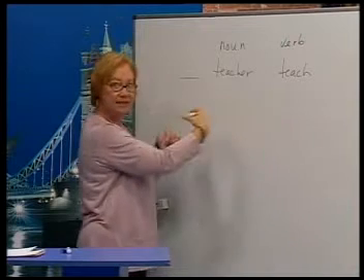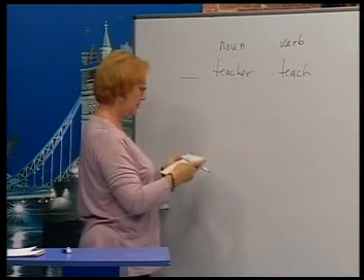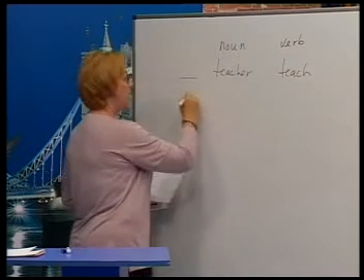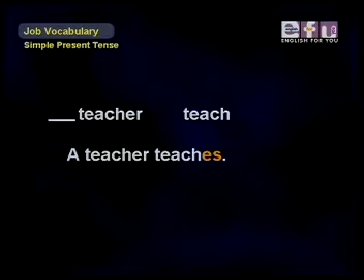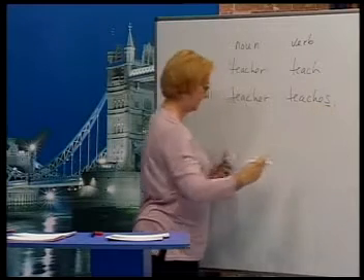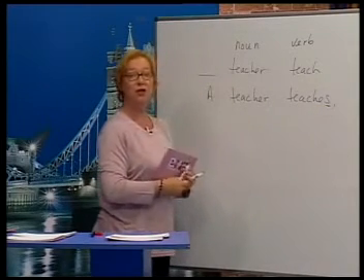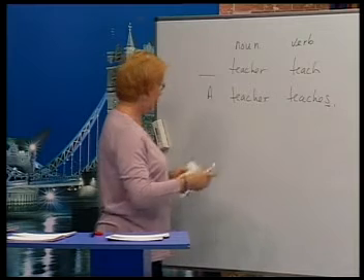You're going to put this together and make a sentence. For example, a teacher teaches. Don't forget the S. Now, we're going to do quite a few of these, and here we go.